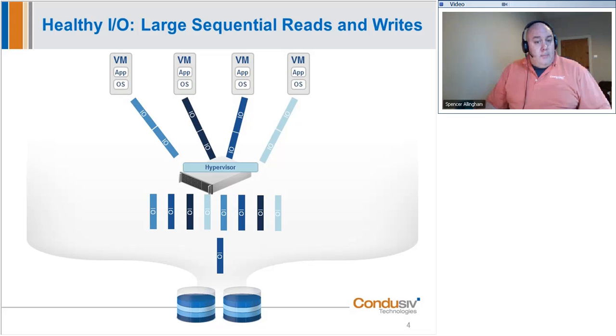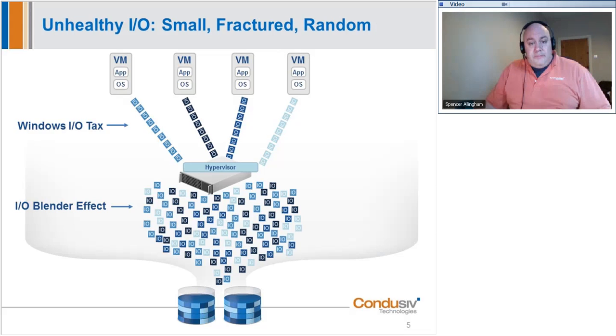So this is what it looks like when everything's working well. But when you're running Windows in these virtual machines, this is typically not what you're actually going to get. What you're actually going to get is going to look more like this. So what's happening here? Now you've got SQL running in these virtual machines, still generating storage I/O traffic, but the packet sizes now are so much smaller.